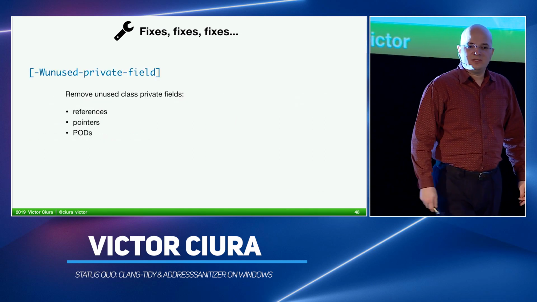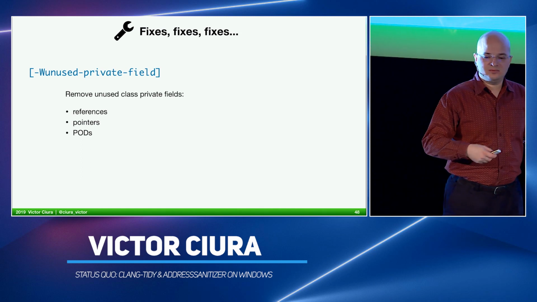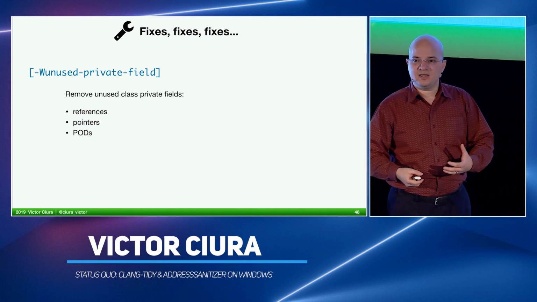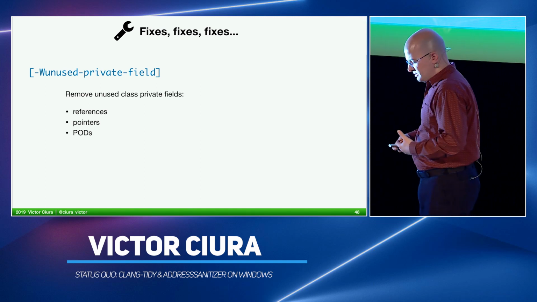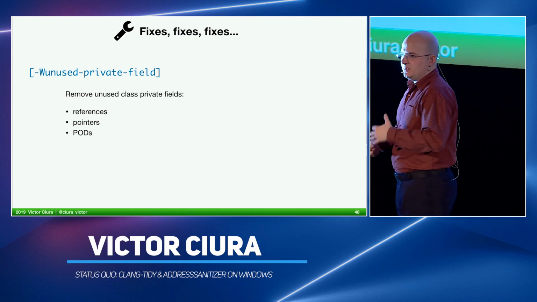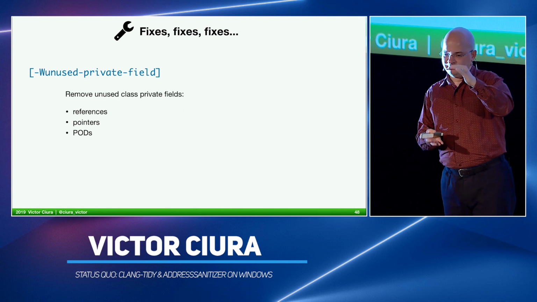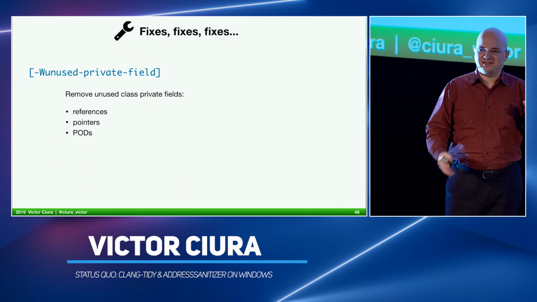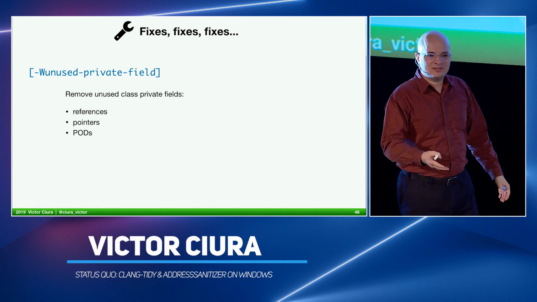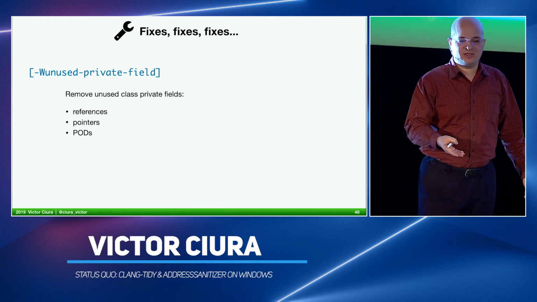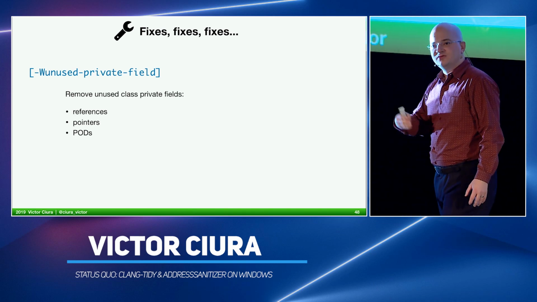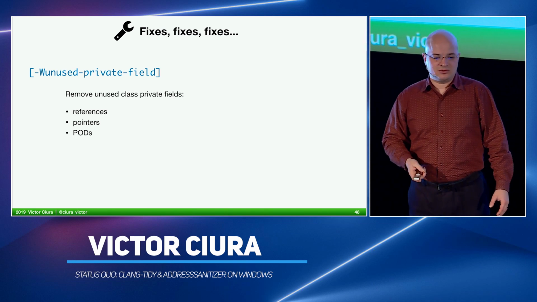Unused private fields. You'd be surprised when a code base lives long enough and there's plenty of thrashing in your classes, especially if they're not very tightly designed and they become pretty large. You'll be surprised how much garbage is left over and stuff that your compiler is happy to leave there, even though it's unused.